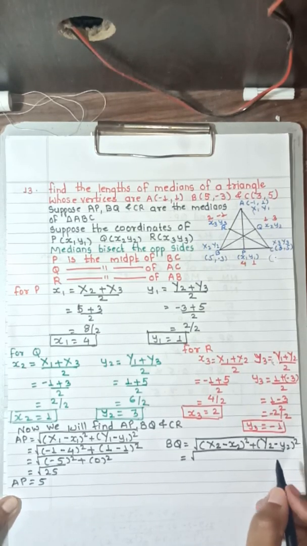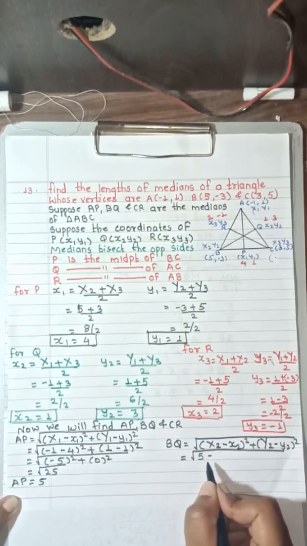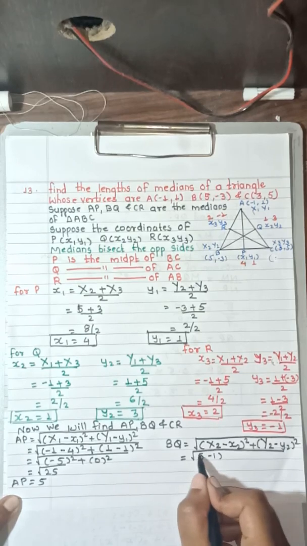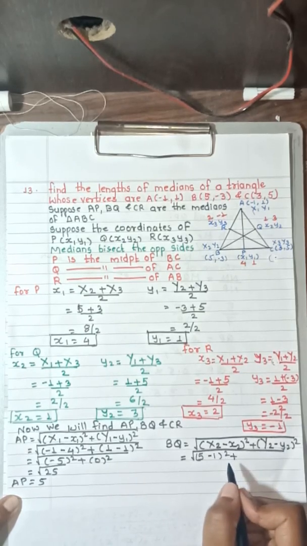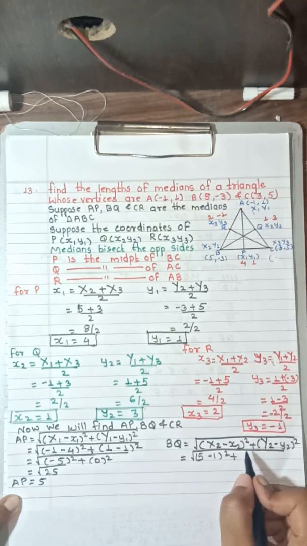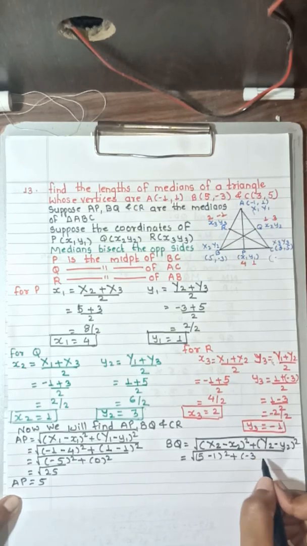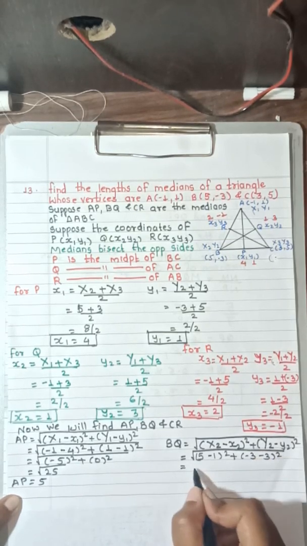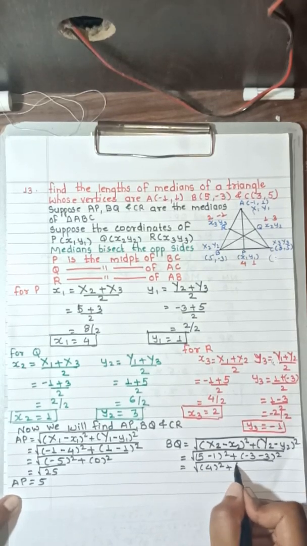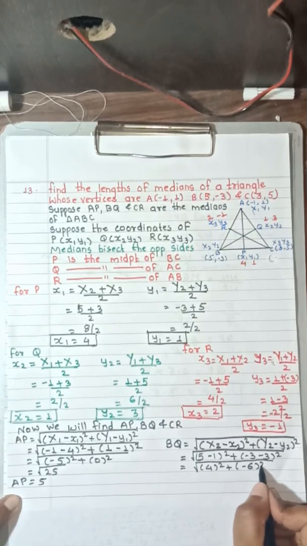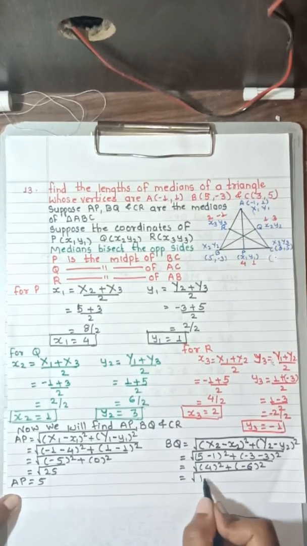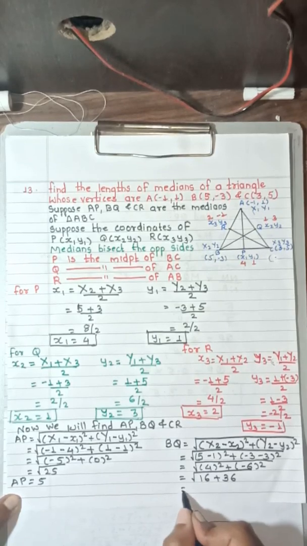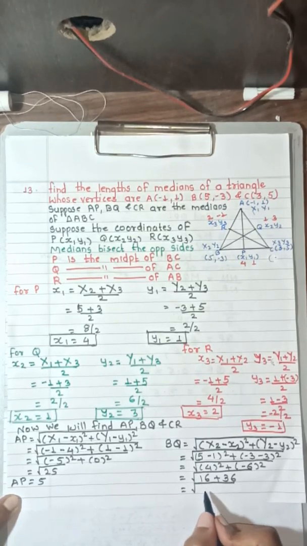Capital X2 is 5 minus small x2, which is 1, minus 1 square, plus capital Y2 is minus 3, minus 3 bracket square, this is equal to 4 square plus minus 6 square, that is equal to under root of 16 plus 36, that is equal to under root of 52.